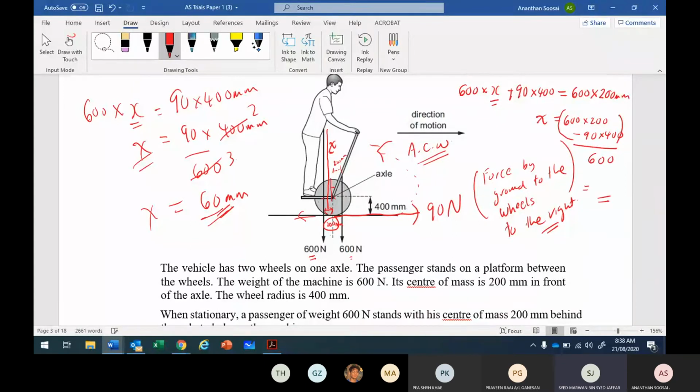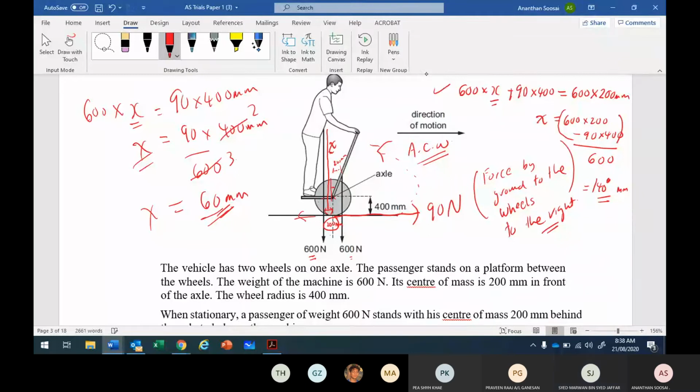Come on, use your calculator. Somebody please calculate this. What do you get? 140. Yeah, correct. This is the correct working.